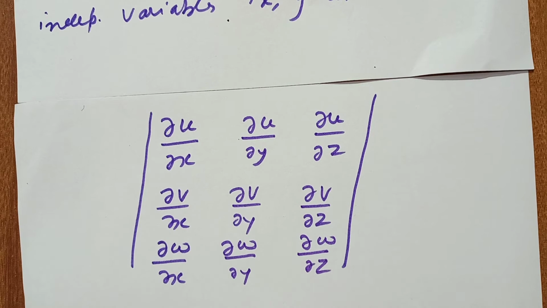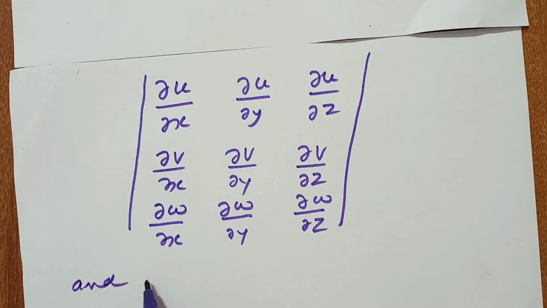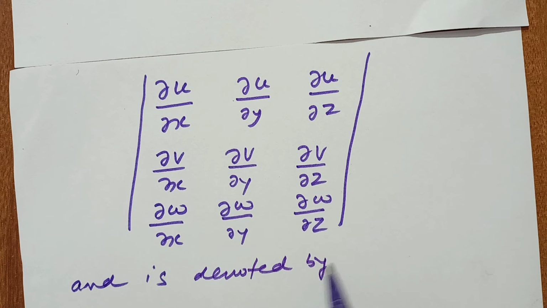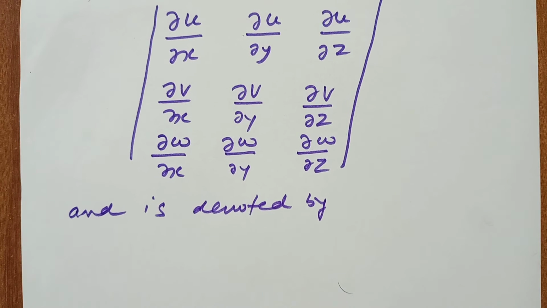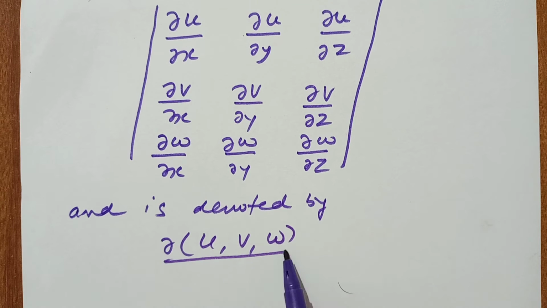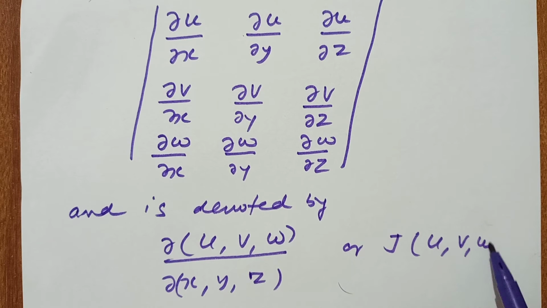this determinant is called the Jacobian of functions of three independent variables and is denoted by del (u, v, w) upon del (x, y, z) or J(u, v, w).